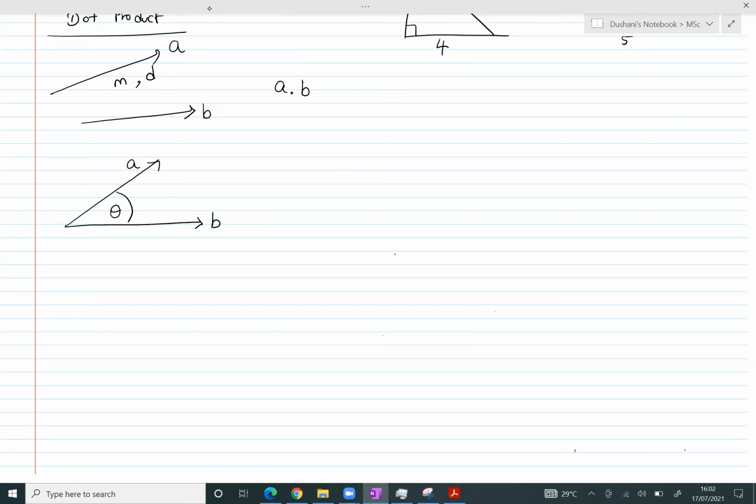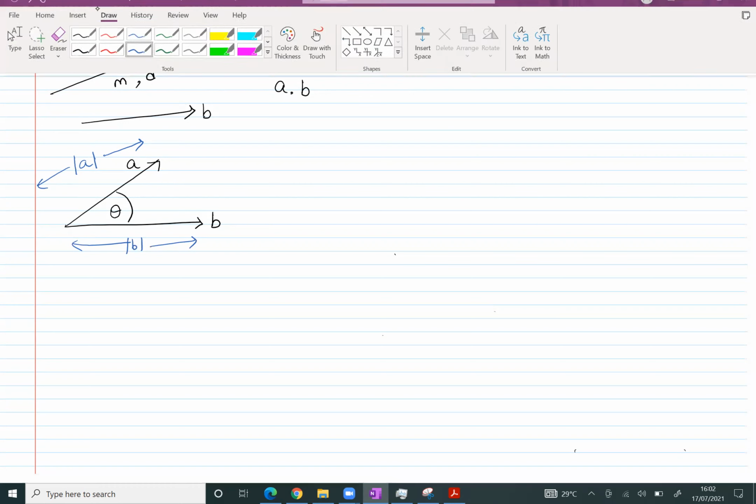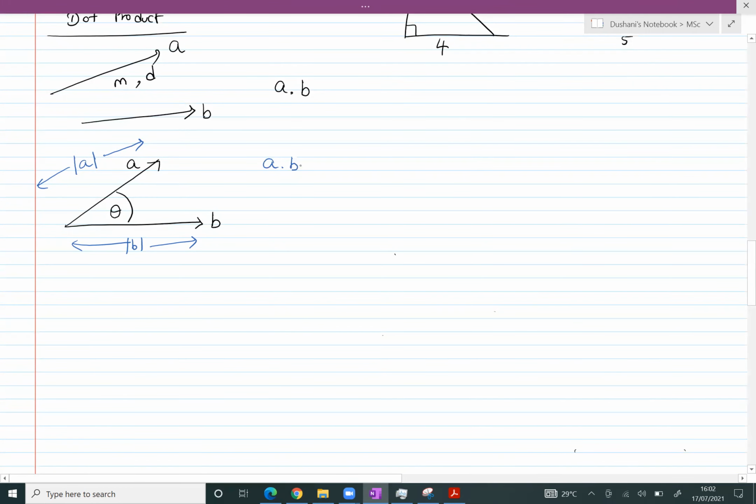The magnitude of this vector is A, which is the length, and the length of this is B. So A dot B will be equal to magnitude of A, magnitude of B into cos theta, the cos of the angle between A and B. So we multiply the length of A times the length of B times the cosine of the angle between A and B. This is how we calculate the dot product of given vectors.